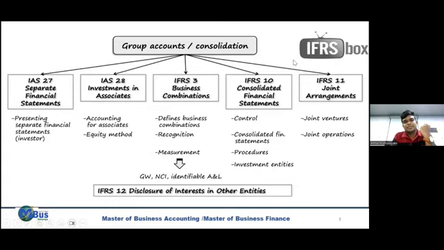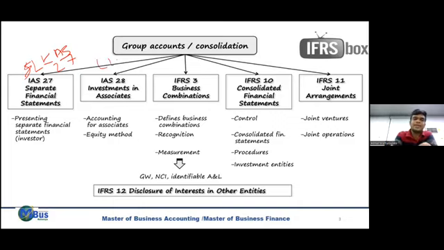So when it comes to the preparation of consolidation accounts, or group accounts, we need to go through a few accounting standards. This is in the international accounting standard format, the same as in the Sri Lankan accounting standards, which we call SLFRS and LKAS. In the international version, it is IAS and IFRS. LKAS 27 is separate financial statements, providing the guideline for presenting separate financial statements.